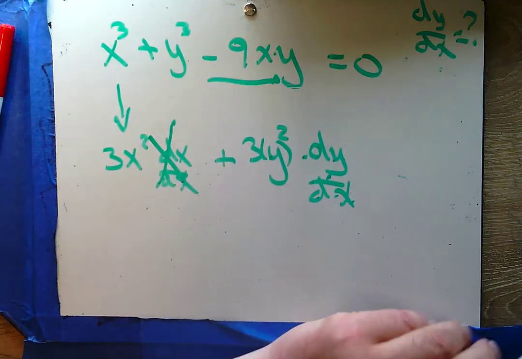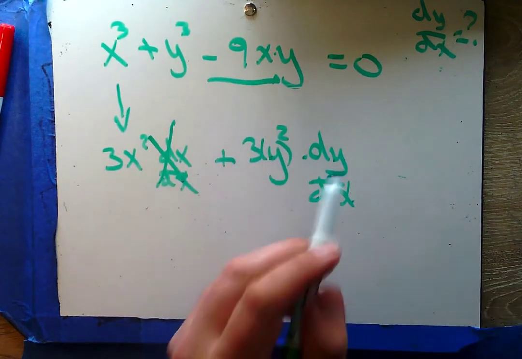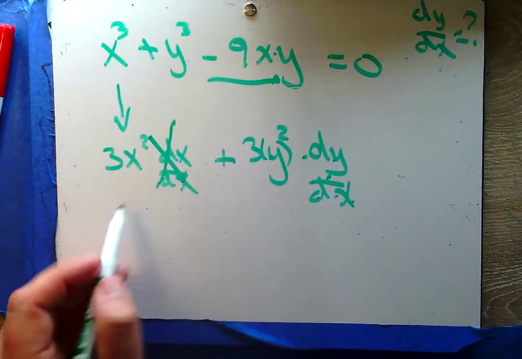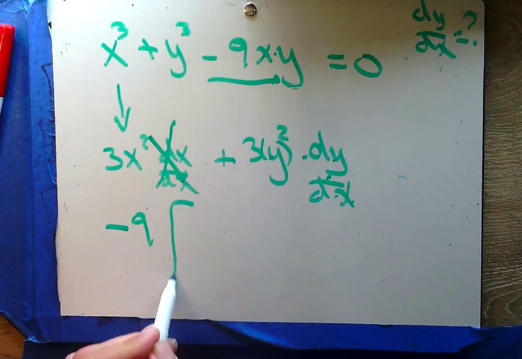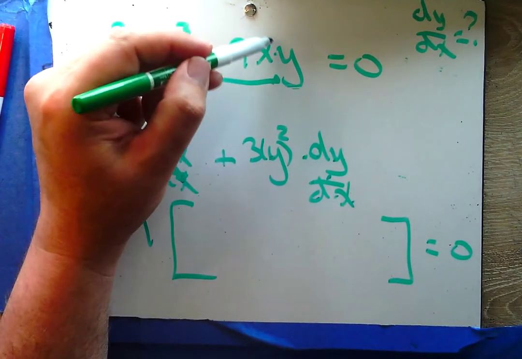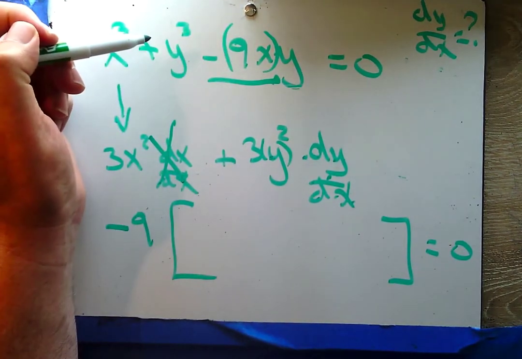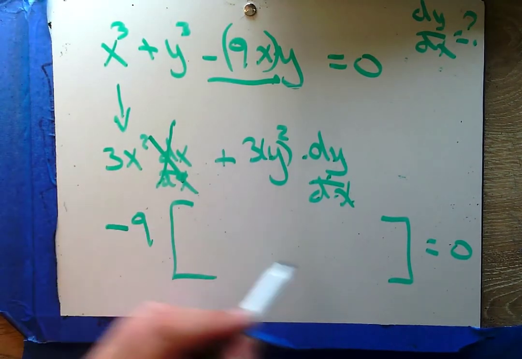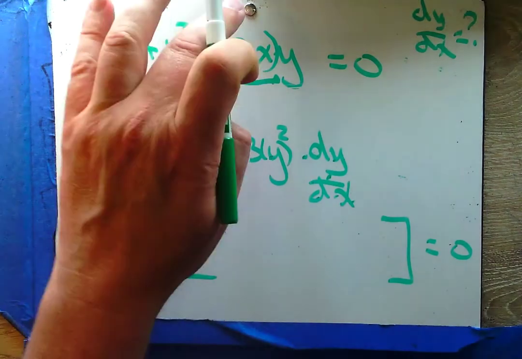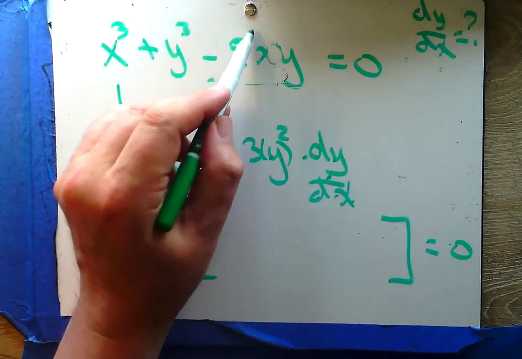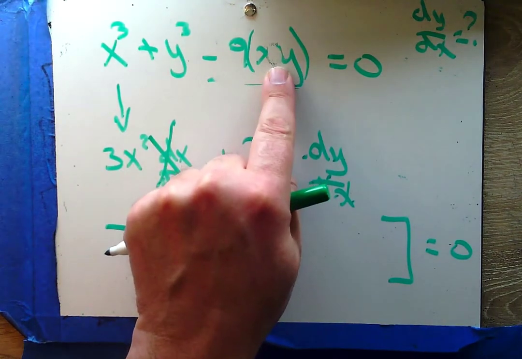All right, now what about this? Well, that's a product, so I have to use the product rule. Some students like doing this kind of thing, -9, and then they do the product rule. Some students like bundling these together and doing the product rule. I don't really care what you do. Since I already have these brackets here, I'm going to leave the 9 on the outside and distribute it later, and I'm just going to look at the product rule here.